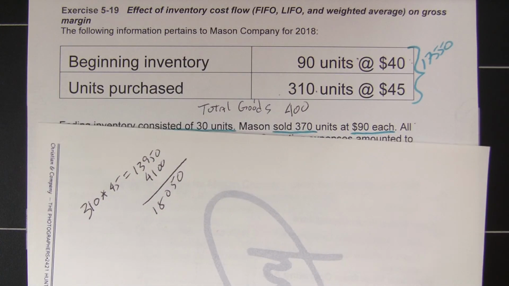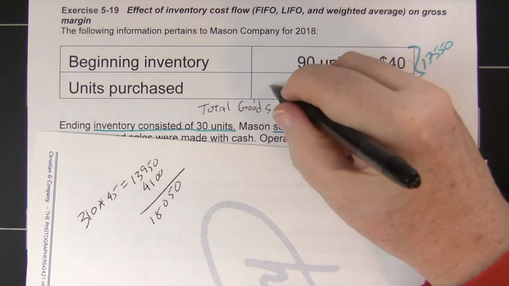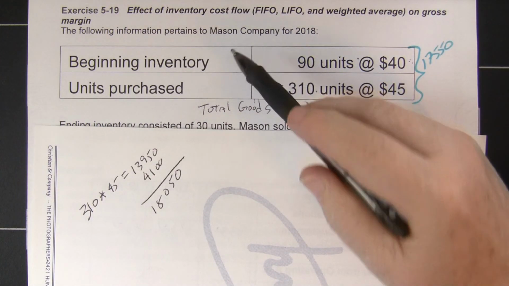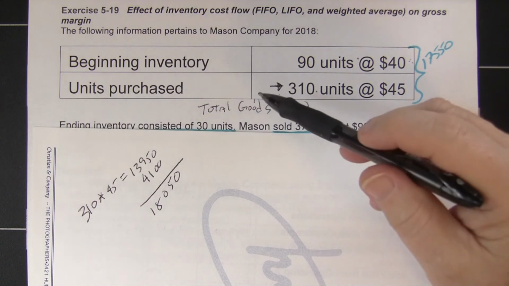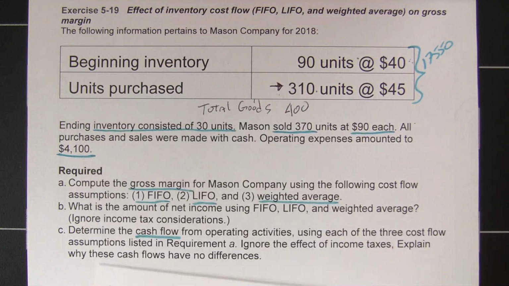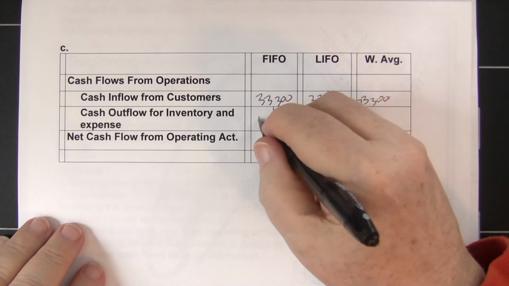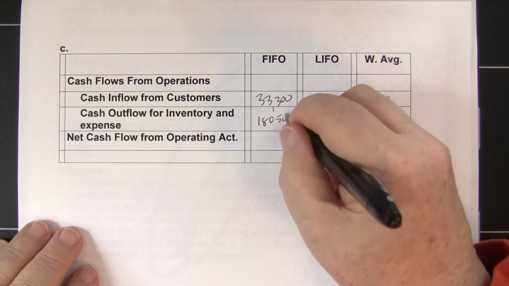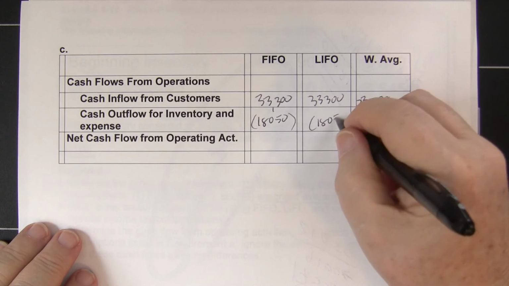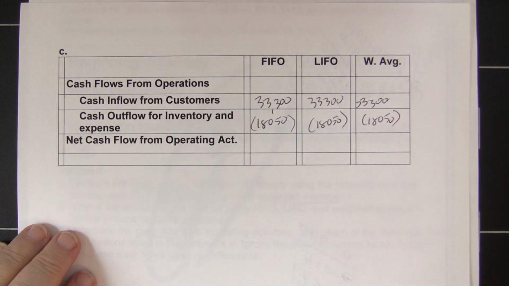The trick was you had to remember that this was what they had at the beginning. This is what they bought this year. They tell us the beginning inventory means it was there at the beginning of the year. This is what they purchased. So they spent $18,050. And that $18,050 is the same under FIFO, LIFO, and weighted average.